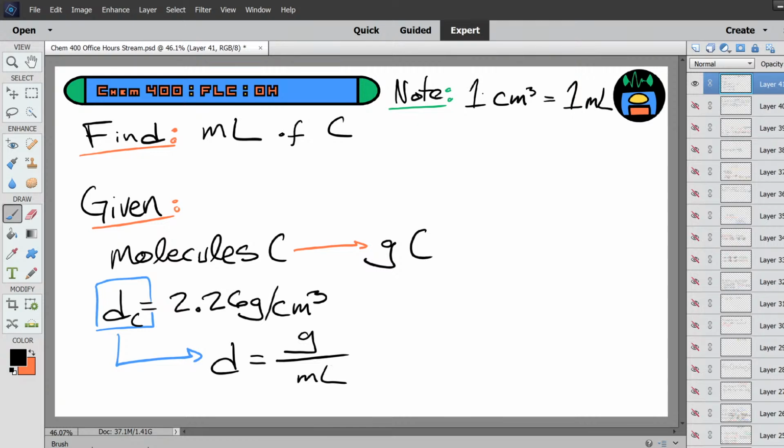When you look at this equation for density, you've been given density and you found grams, so you need to use the equation for density to find milliliters in your denominator. So you're just a little bit of algebra away from finding the milliliters.